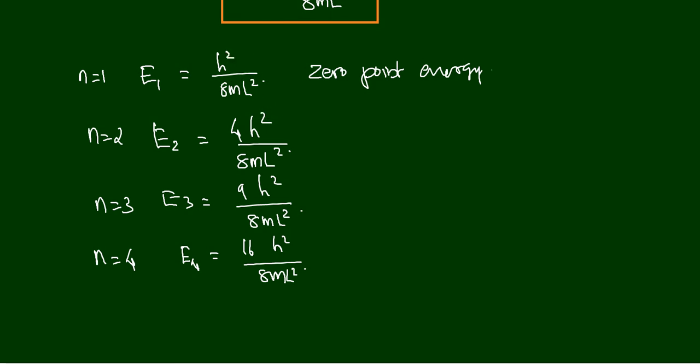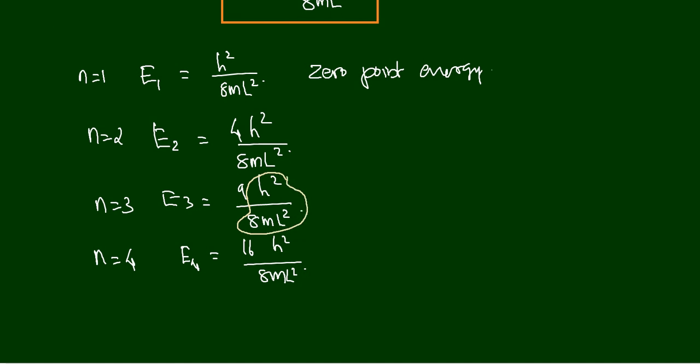And the second one is 4 h square divided by 8 m L square, right? Means 4 times the minimum energy. And the next one is 9 times the minimum energy.